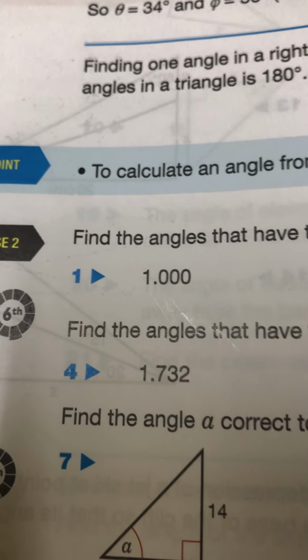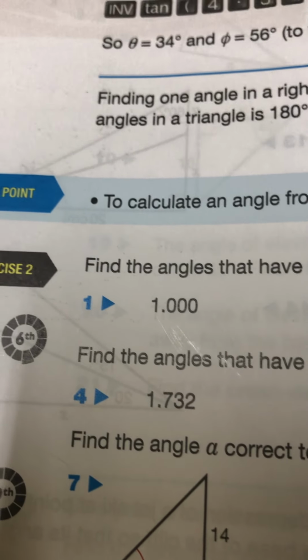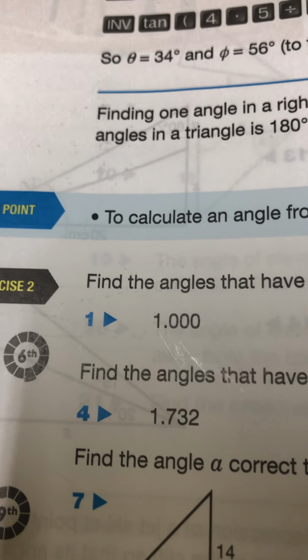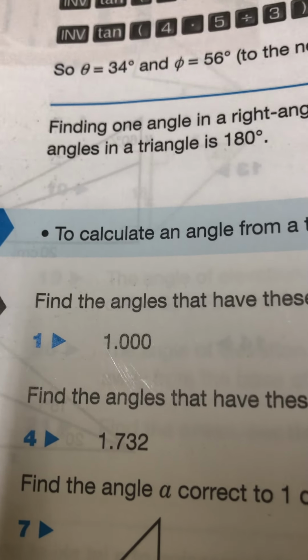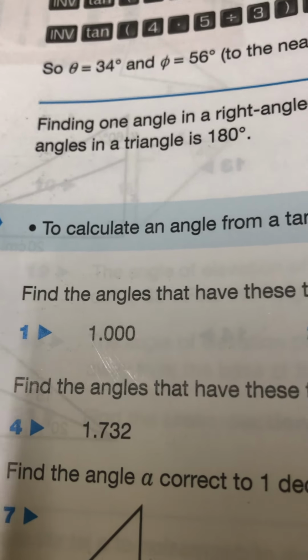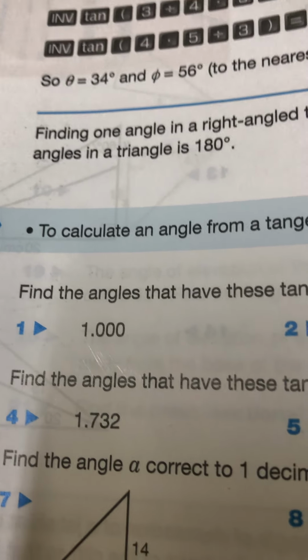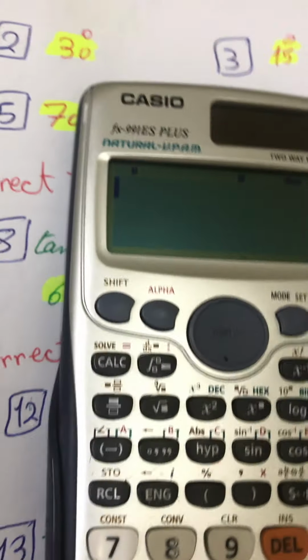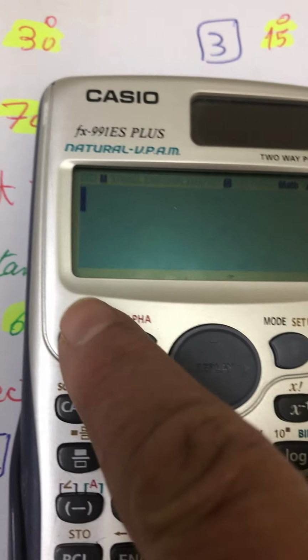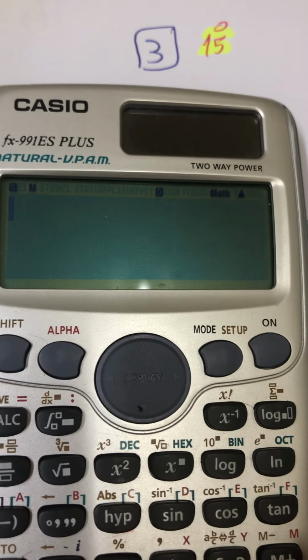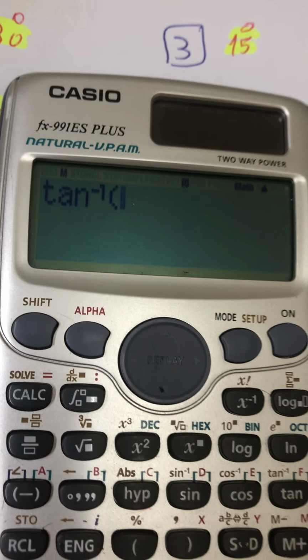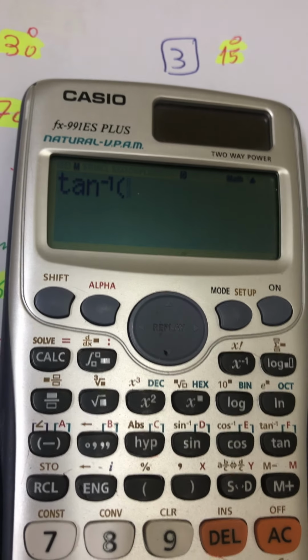In question number 4, try to do it yourself. I have tangent 1.732. Go to your calculator. Press shift, then tan. Now you have tan inverse, tan negative 1.